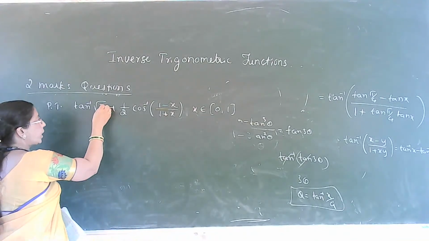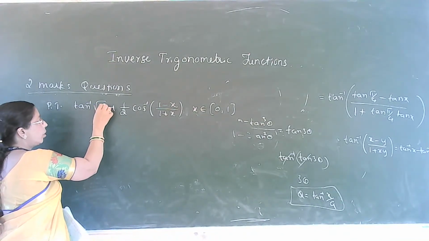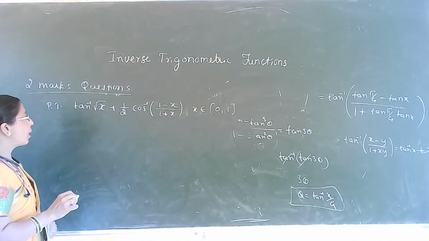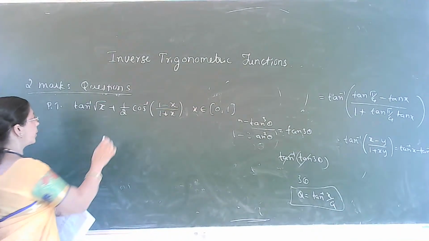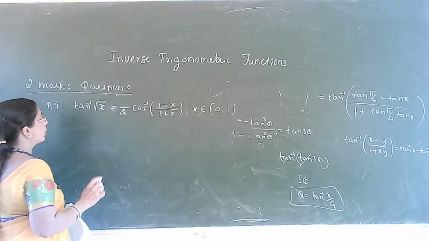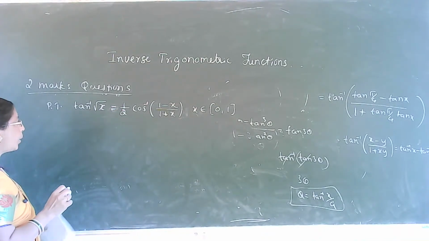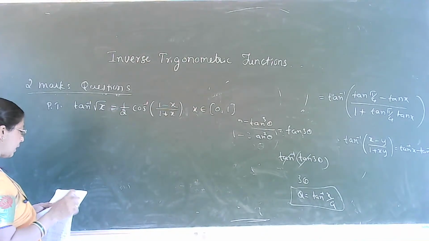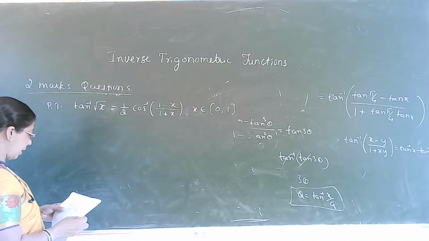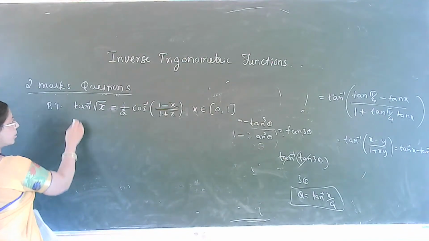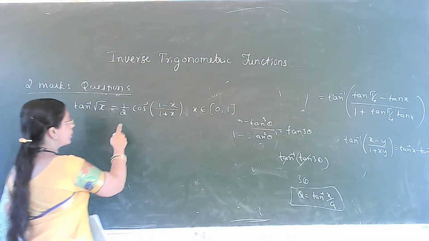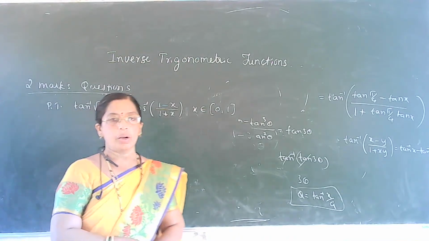Tan inverse root x is equal to 1 by 2 cos inverse of (1 minus x) divided by (1 plus x). Here this one is the LHS and this one is the RHS.